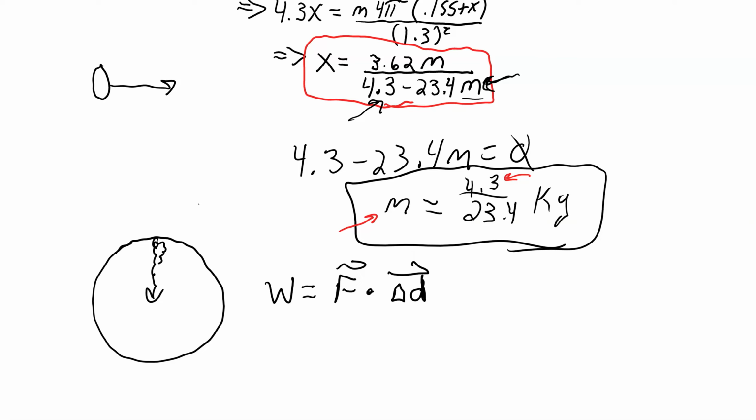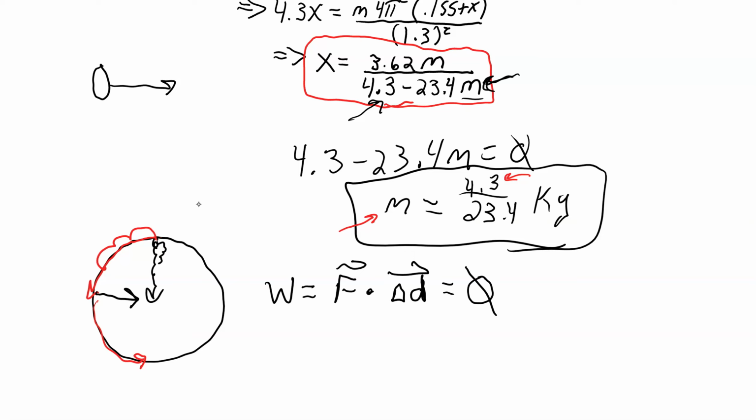But when we talk about work, we talk about the distance the thing goes. And the distance it's going is in the circumferential direction. It's going circularly. The force points toward the center all the time. That actually means that the spring does no work once it has been expanded. Once it's been stretched, the spring doesn't do any more work.